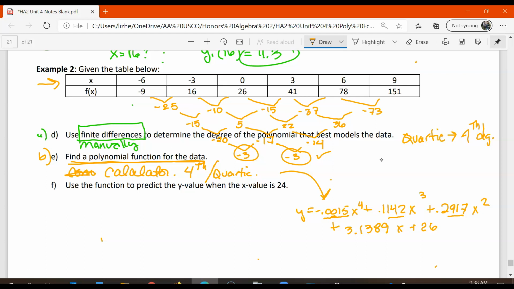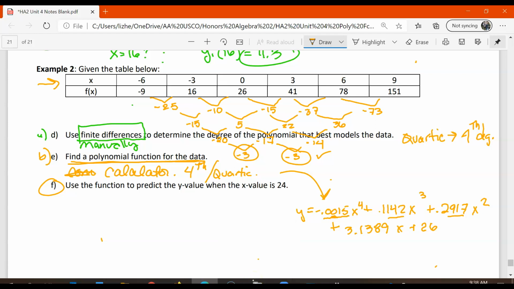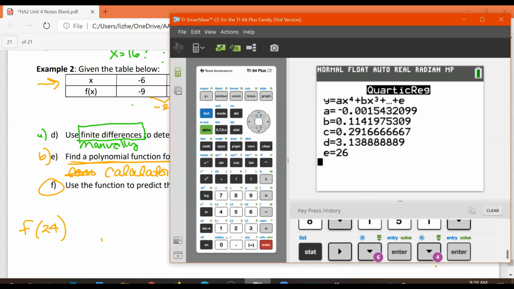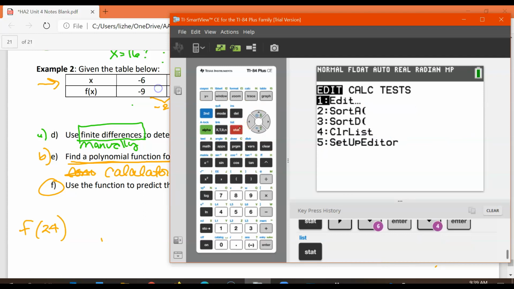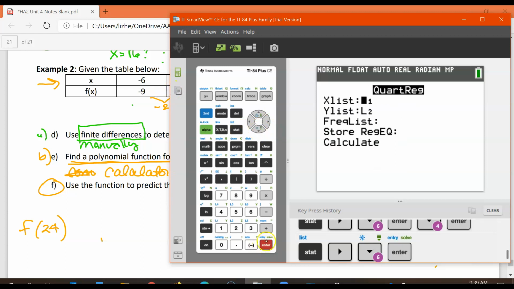Okay, and now F. Use the function to predict the y value when the x value is 24. So we are looking here for the function at 24. So I go to my calculator. Now I know I didn't store that, so now I'm going to go back and do it again. Stat, calc, go down to my quartic, hit enter, but this time I want to store.